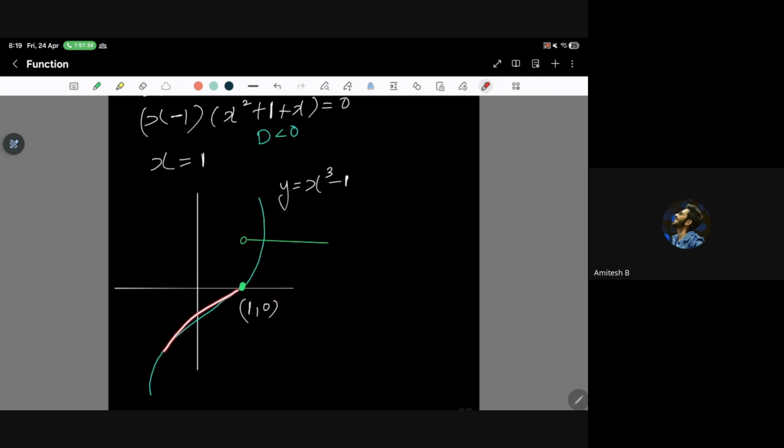And the graph below is the negative part, representing negative values of y. So whenever y is negative, signum will give you negative 1.